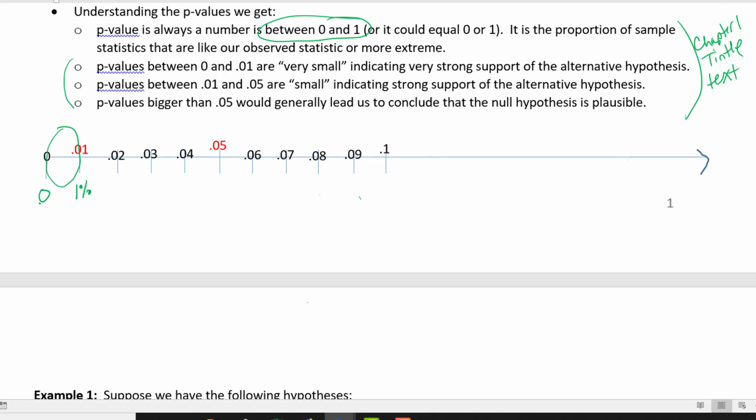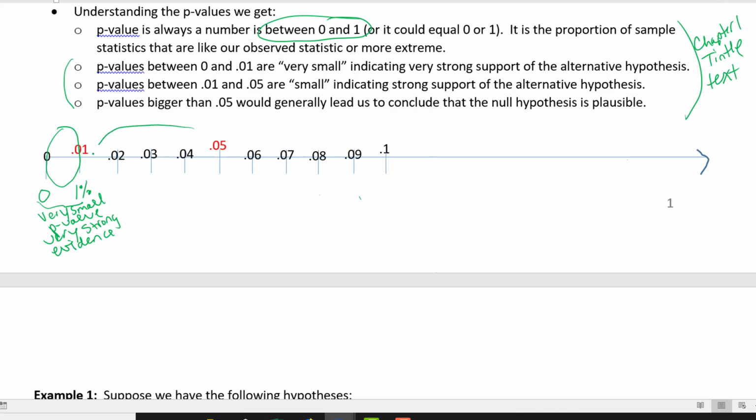So the percent of sample statistics that are like yours or more extreme is somewhere between none of the sample statistics up to only 1% of the sample statistics. This is a very small p-value. So this is very strong evidence against the null hypothesis. It is very strong evidence in support of the alternative hypothesis.